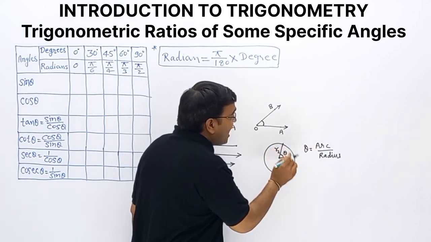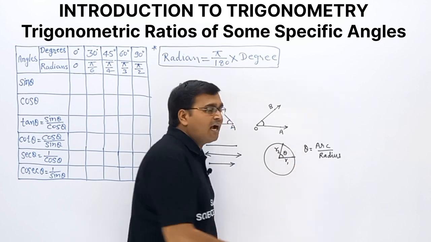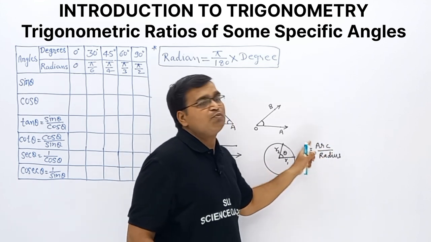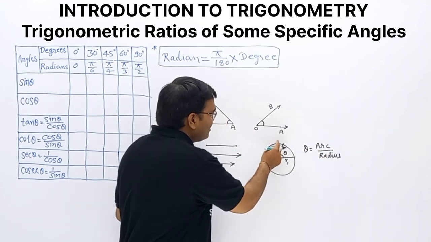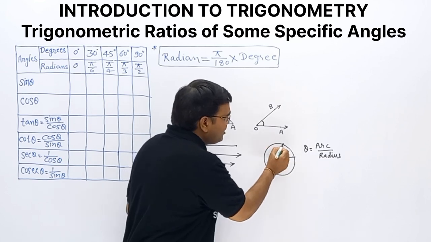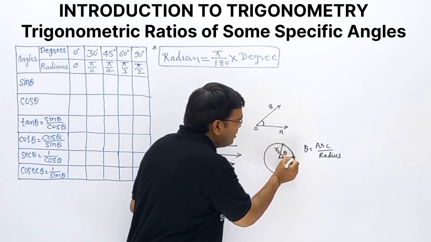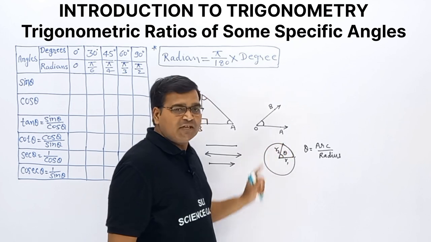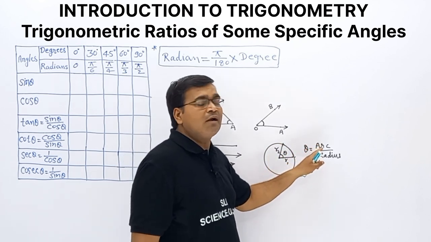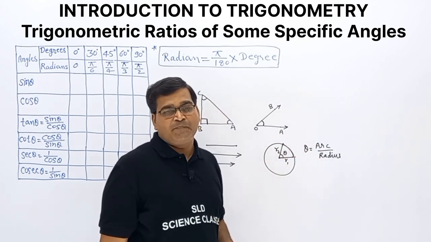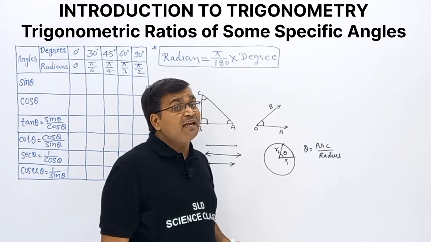Arc is the part of a circumference. This is the circumference, and this one is the part. So arc is the part of the circumference. And how are we getting this?